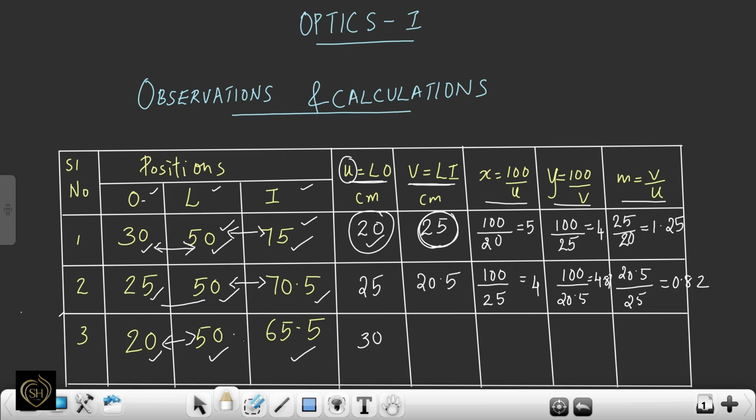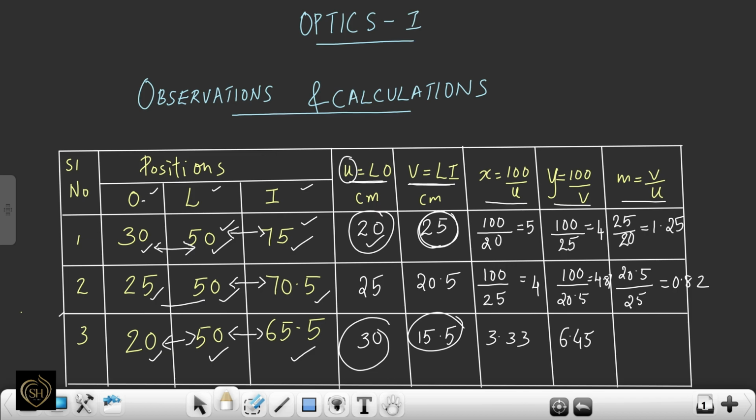And the image distance is 65.5 minus 50, that is 15.5. Next, calculate 100 by U, that is 100 divided by 30, which is 3.33. Then 100 divided by V, 15.5, is 6.451.